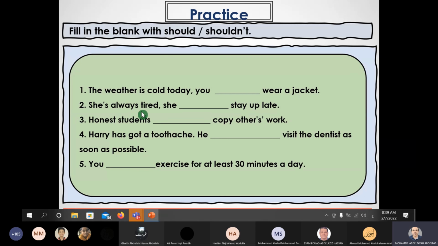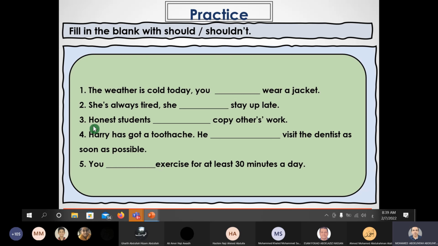2. She's always tired. She won't stay up late. 3. Honest students. The H at the beginning in this word is silent, said like honest, not honest.